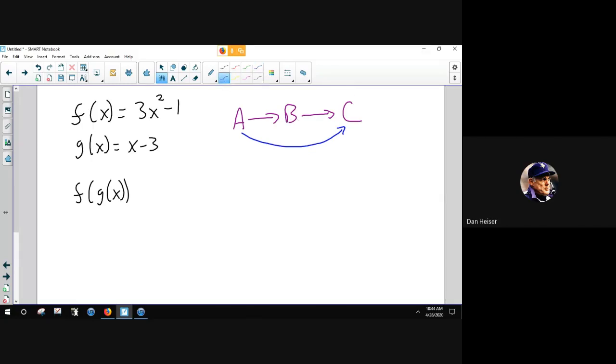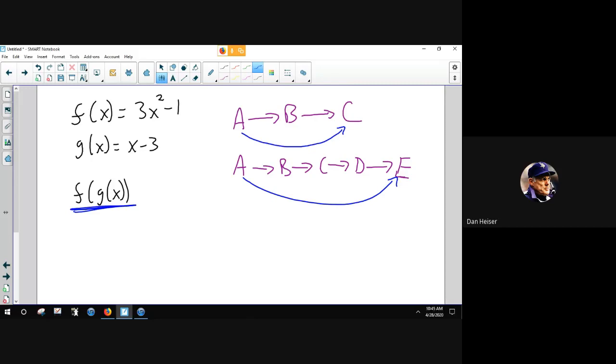If we did something like a function composed with another function, composed with another function, and another function, and finally an end result, that's going to be a lot of calculating along the way. It would be nice if we had one function that went from here directly to here. That's going to be the power of composition, and that's what this is going to be right here. f of g of x.